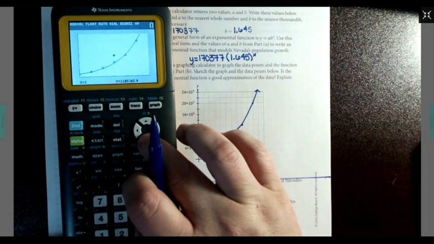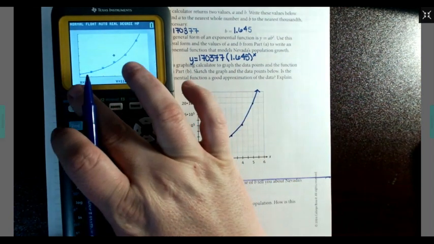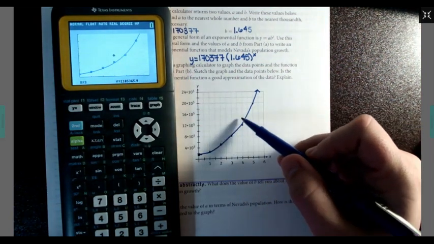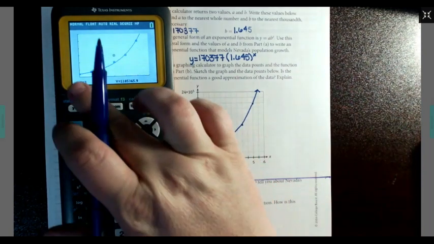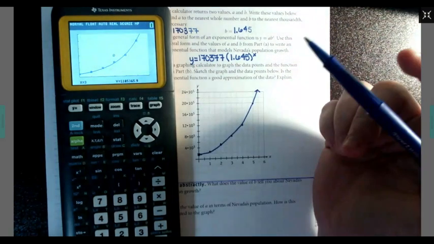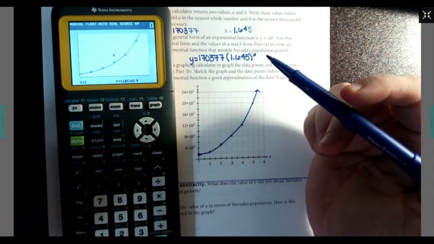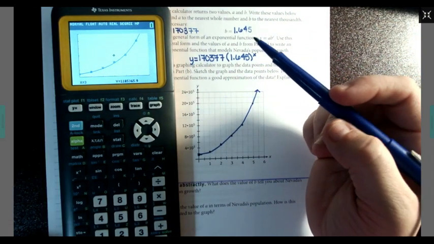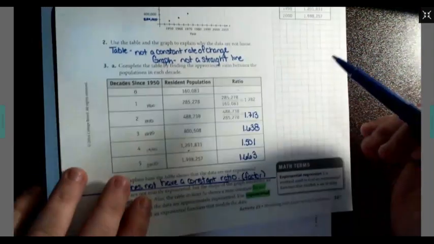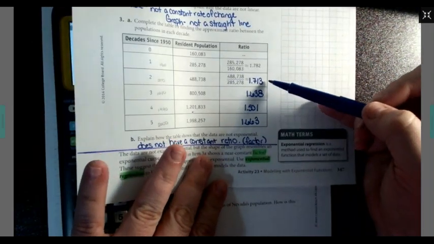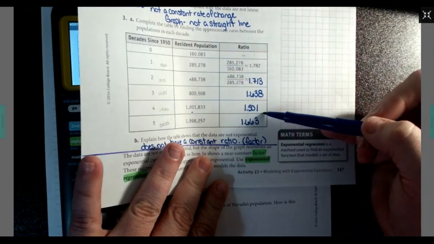Like so. Now, obviously, I went through most of my dots. Notice I'm a little off on a few of them. As is, this graph did not go through all of these dots exactly. And we knew that it shouldn't have, based on the fact that this was not a constant ratio.